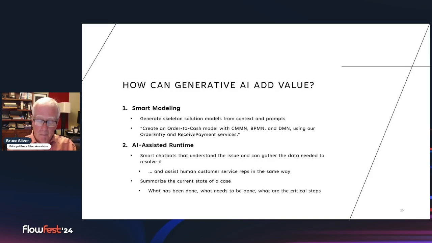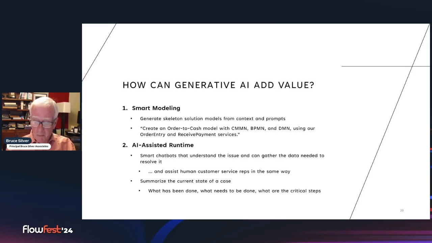At runtime, AI can assist or even replace human task performers. We've all had interactions with chatbots that aren't very smart. Pretty soon, we're screaming to be connected to a person who can actually understand and maybe help us.